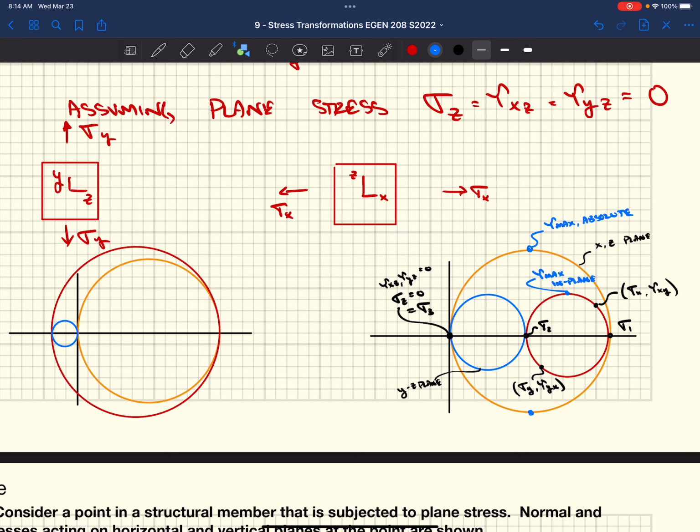But what happens if our initial element has the 2 points we plot? We're going to plot 2 points. This might be sigma x, tau xy. And this down here might be sigma y, tau yx, right?